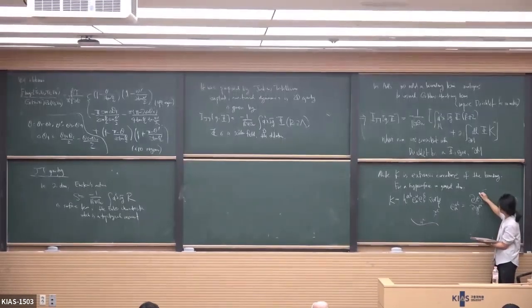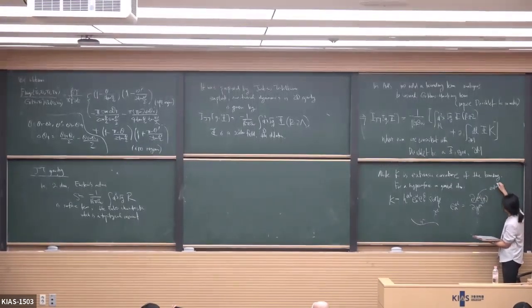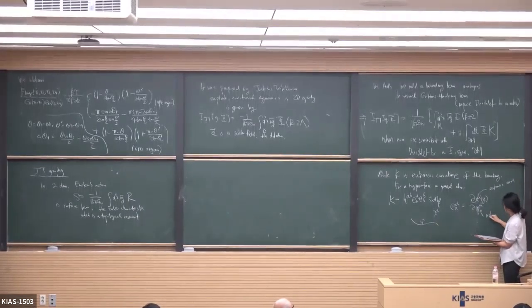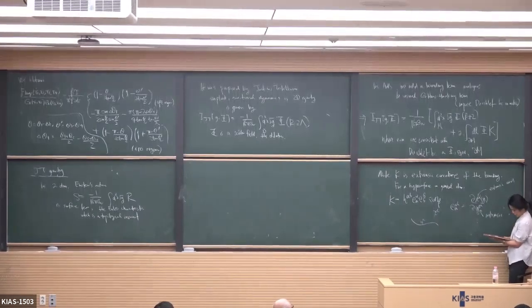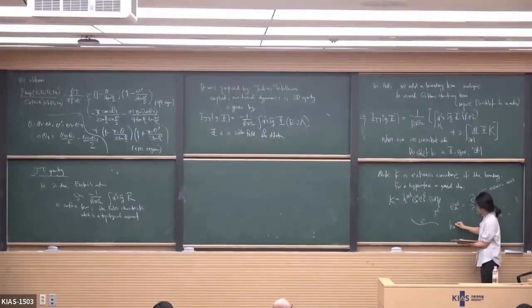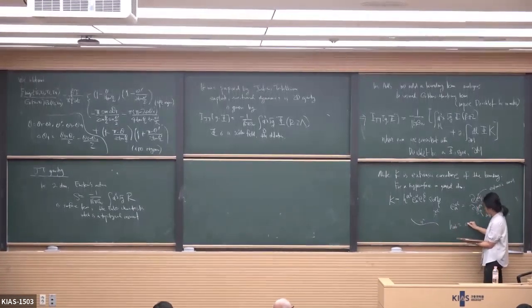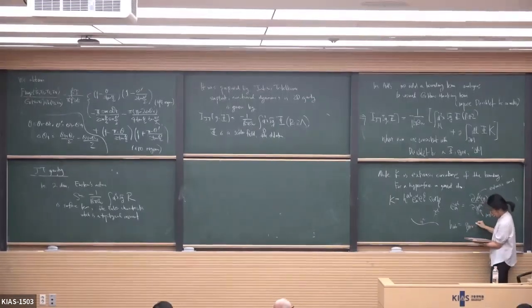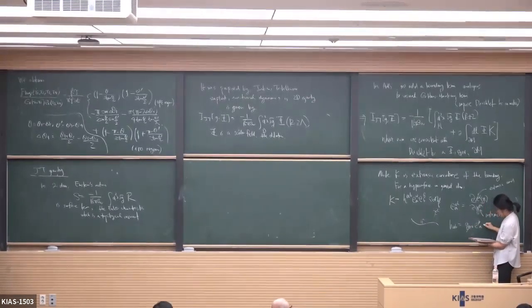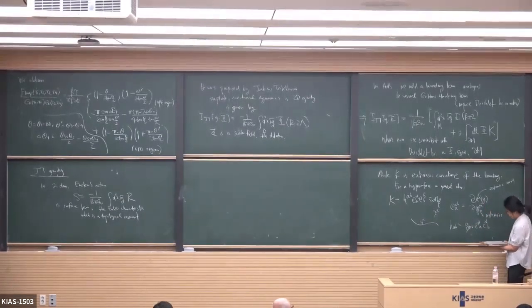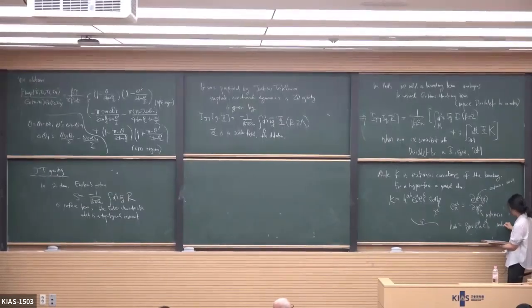These are extrinsic coordinates, these are intrinsic coordinates, and h_AB is the induced metric along the surface, e^mu_A e^nu_B g_mu nu.